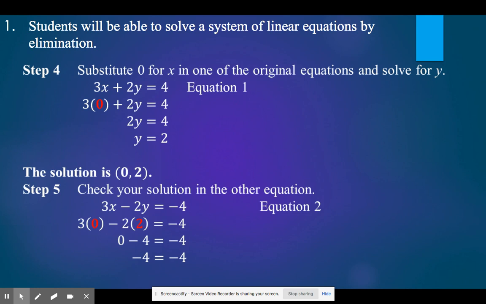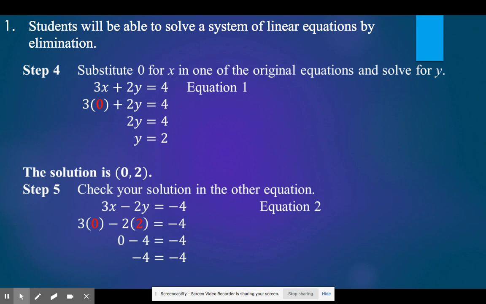So let's go ahead and use equation 1, 3x plus 2y equals 4. Substitute out x for 0 because we just solved for x. 3 times 0 is going to give you 0, so that's gone. So now you're left with 2y equals 4. Divide by 2 on both sides, and y equals 2. And so now our two equations cross at the point when x is 0 and y is 2. That is our answer. The solution to this system is (0, 2).